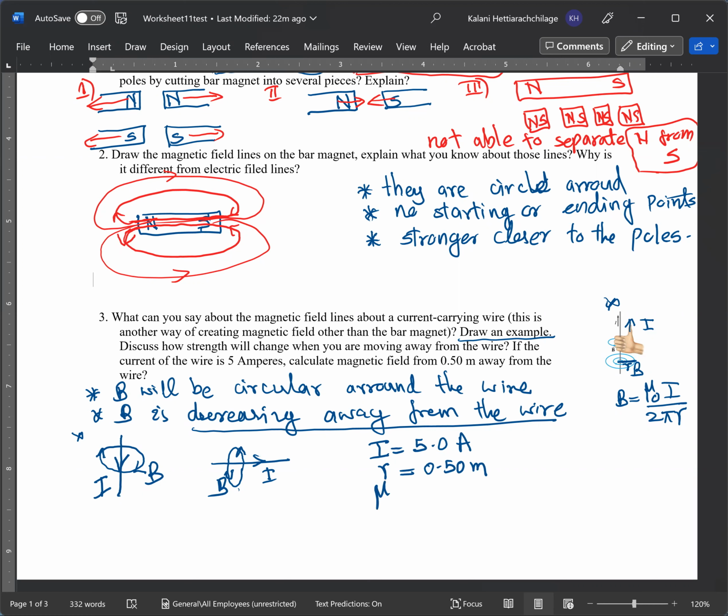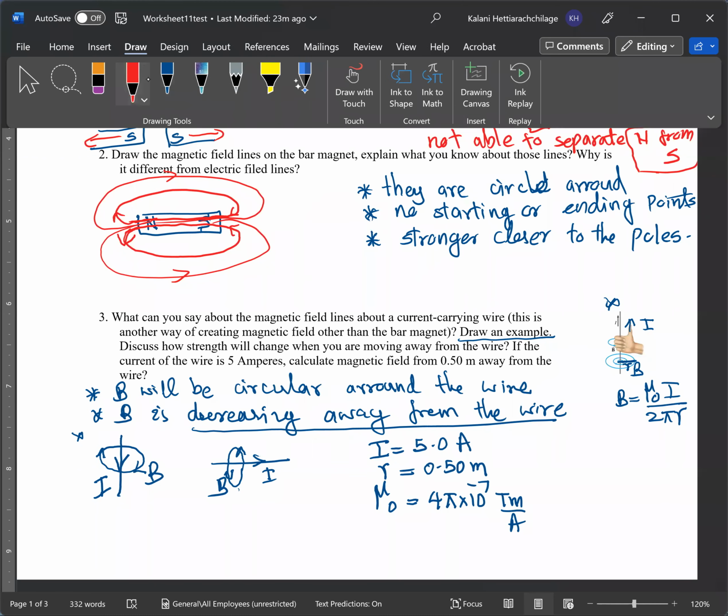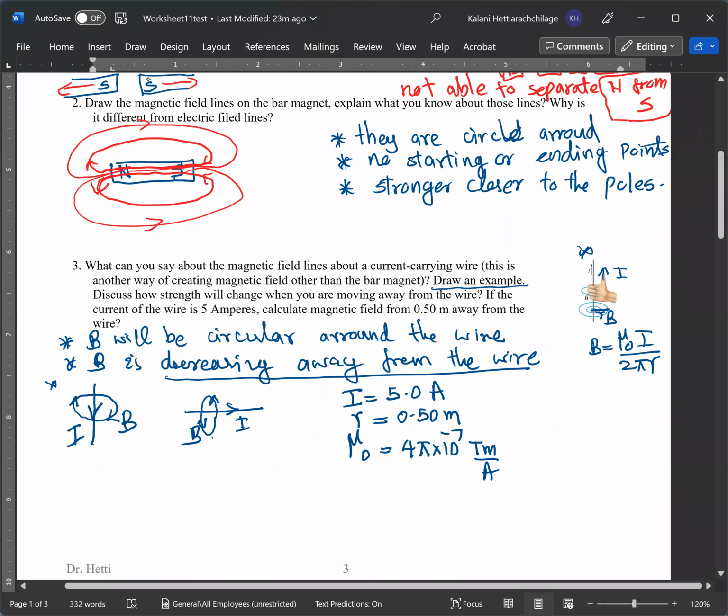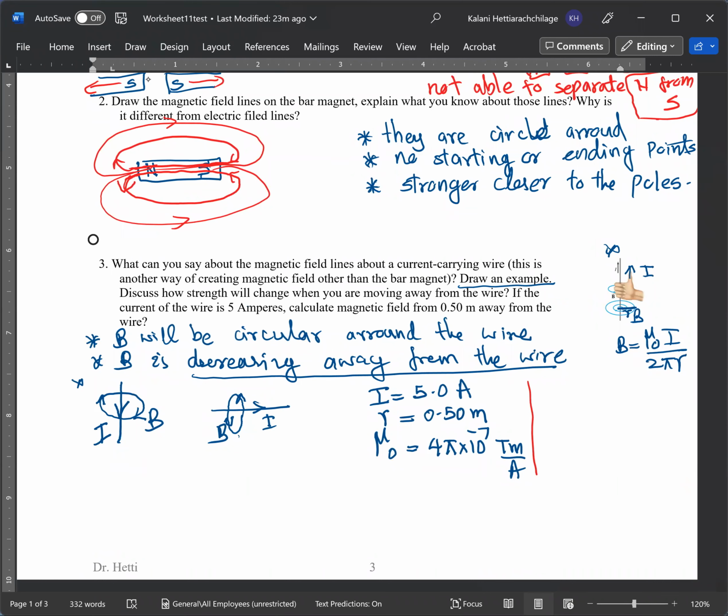And we need the permeability value. As you know, in the lecture part you can find it. It is 4 pi times 10 to the negative 7 Tesla meter over amps. So now we're going to plug into the equation.